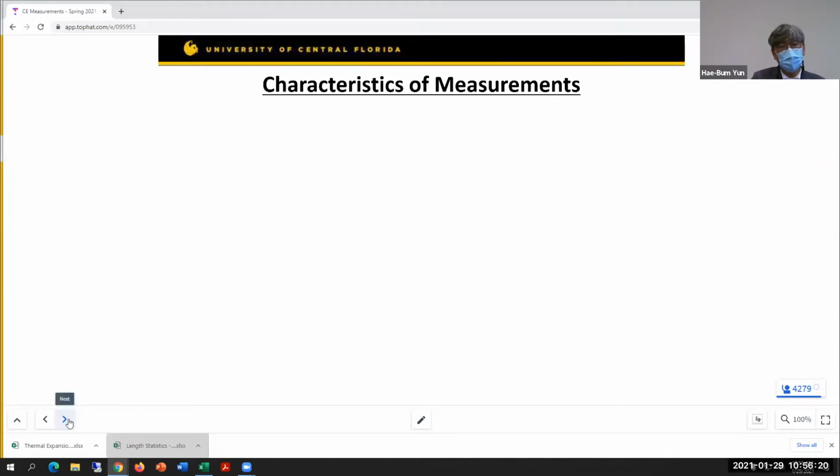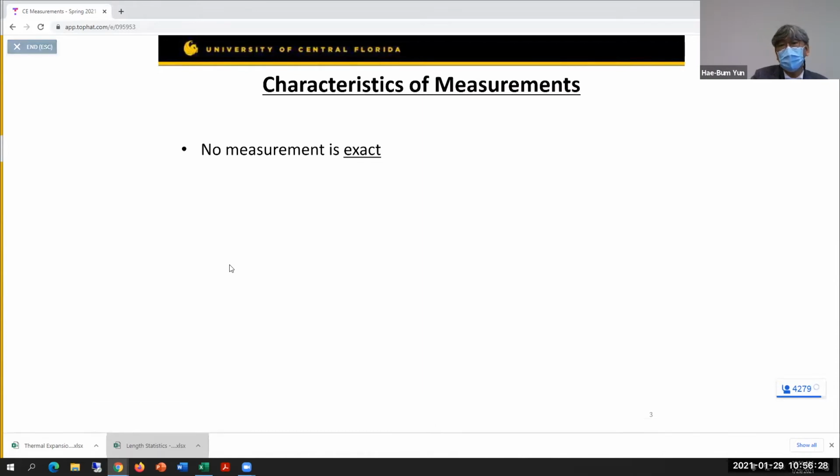Characteristics of measurements. The first thing is, when you do measurements, no measurement is exact. It always has an error.